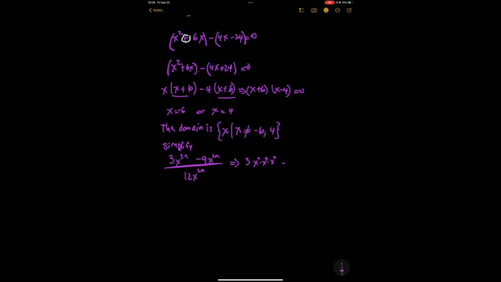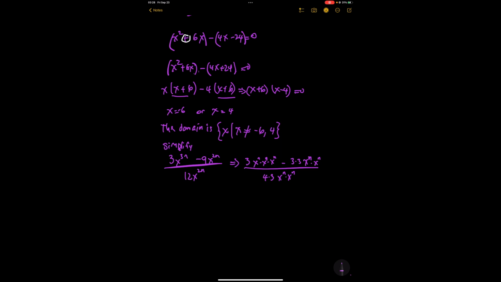Because 9 is a perfect square, you can write 3 times 3, and you have x to the power of n times x to the power of n, over 12. What is 12? 12 is 4 times 3, x to the power of n times x to the power of n.